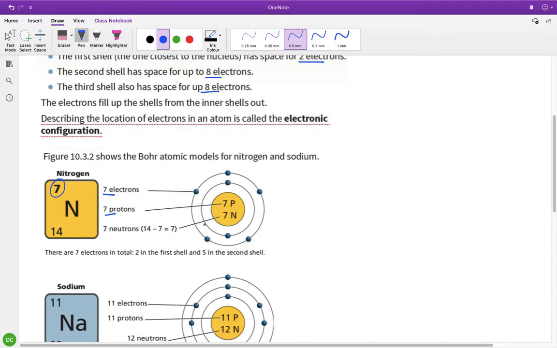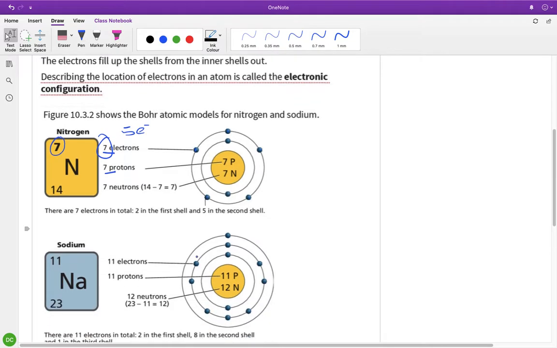You then do your first energy level, and that first energy level has space for only 2 electrons. Now we have 7, so the first shell is full, and we've used 2, so there's 5 electrons left. So you draw your second shell, and in that shell you can put up to 8, and we only have 1, 2, 3, 4, 5.